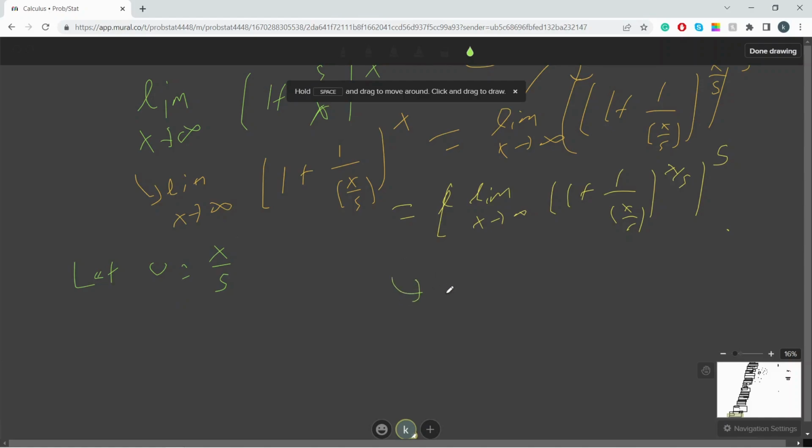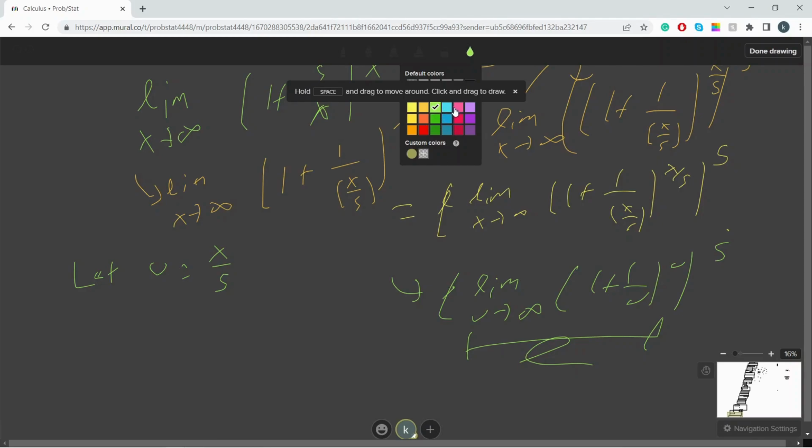So this limit is going to be equal to the limit as u approaches infinity of (1 plus 1 over u) raised to the u, all raised to the fifth. And this guy here is going to become e as per our special limit. And then we're raising e to the fifth. So the final answer for this problem is e to the fifth.